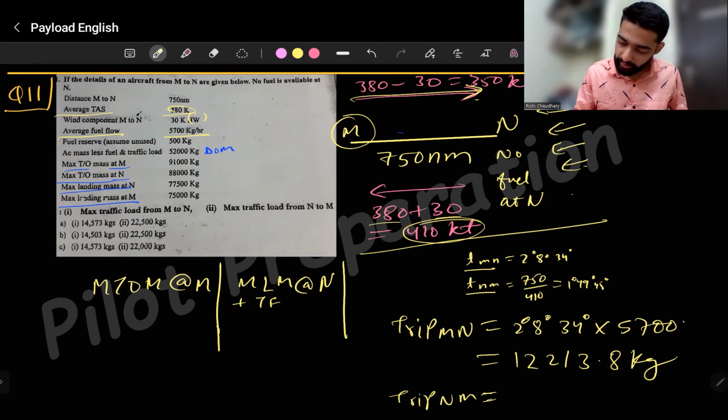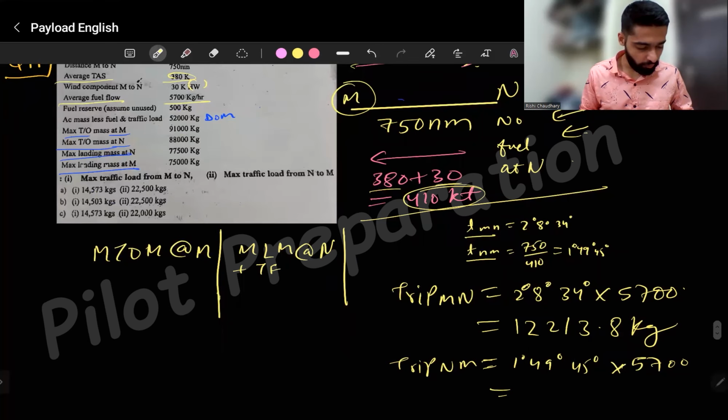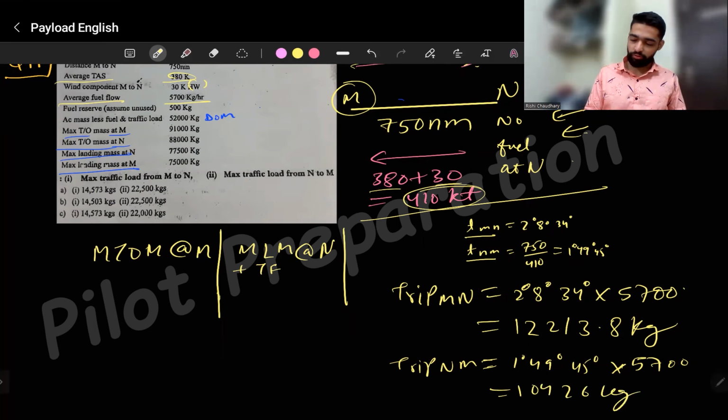Trip N to M will be 1 hour 49 minute 45 second multiplied by 5,700. So this comes out to be 10426 kg. So this is trip M to N and this is trip N to M.